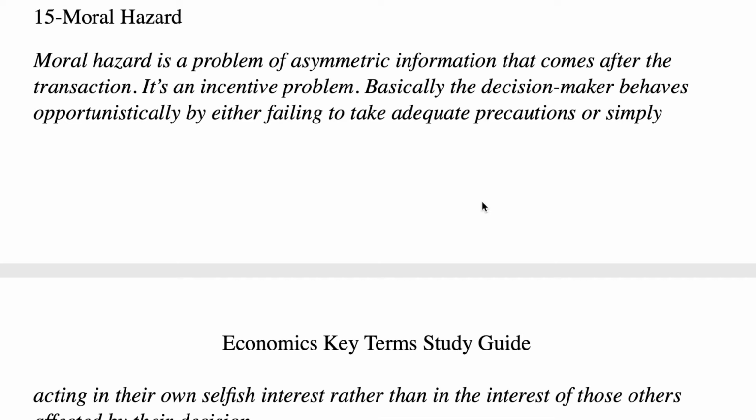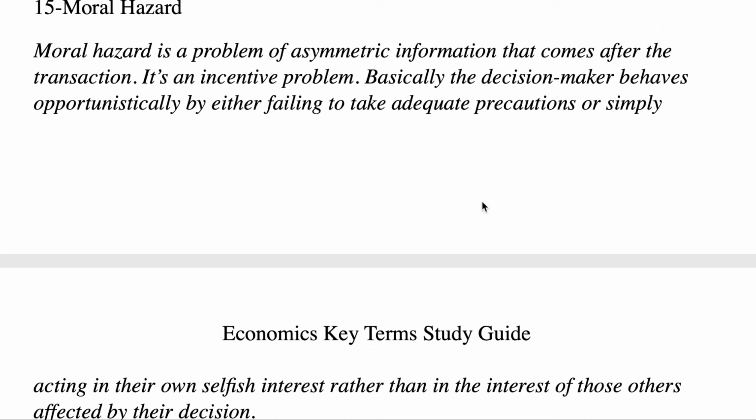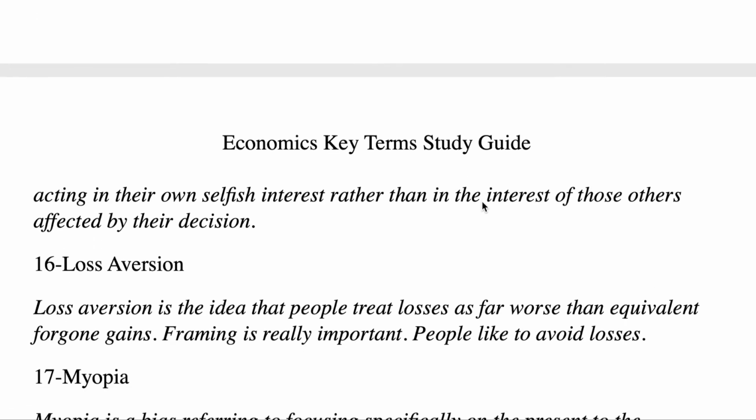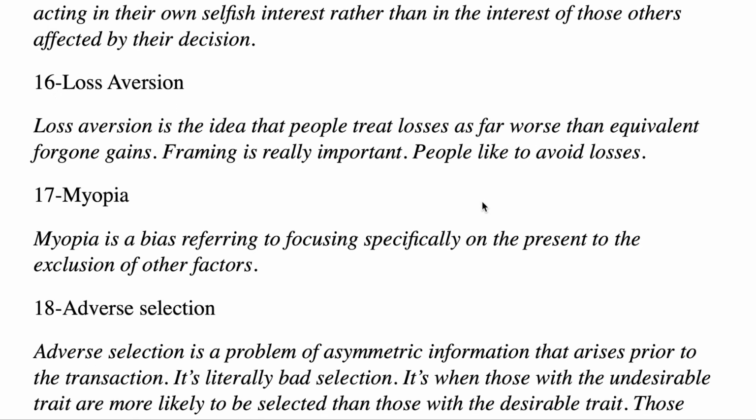Moral hazard. Moral hazard is a problem of asymmetric information coming after the transaction. So it's ultimately due to an incentive problem, where the individual decision maker acts in their own interest, but against the interest of the group or some other important party. So the idea is there's either opportunistic behavior, or failing to take adequate precautions, or simply acting in one's own interest rather than in the interest of those others that are affected by their decision, such as the principal-agent problem I'll talk about a little bit later on.